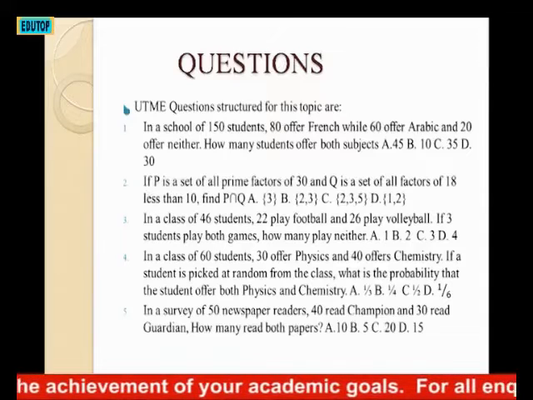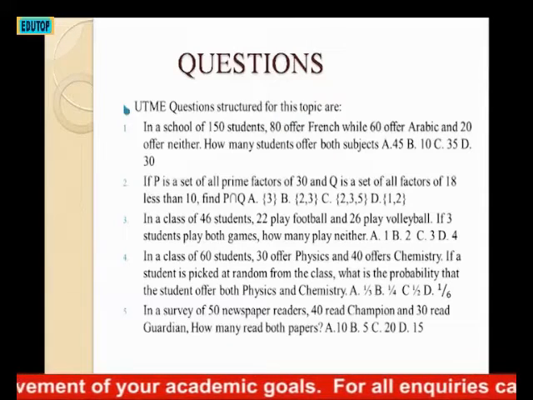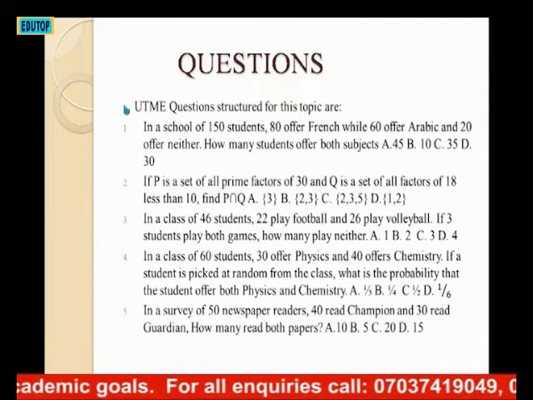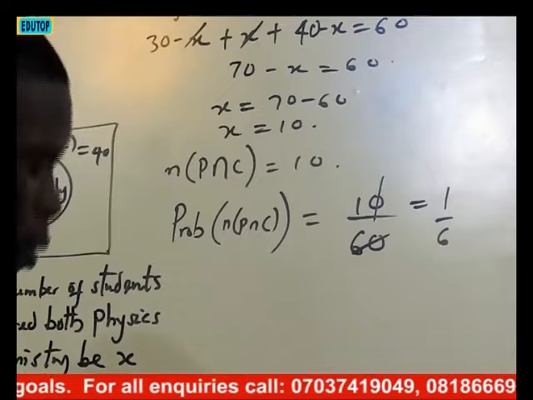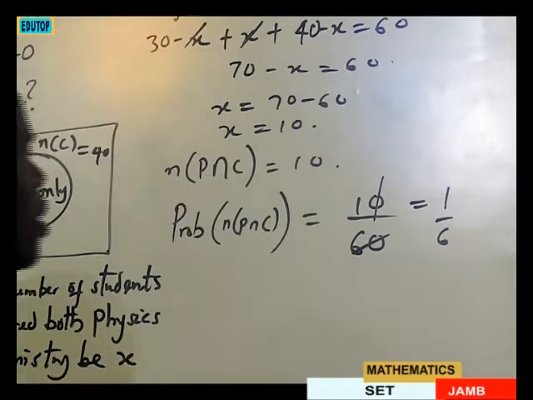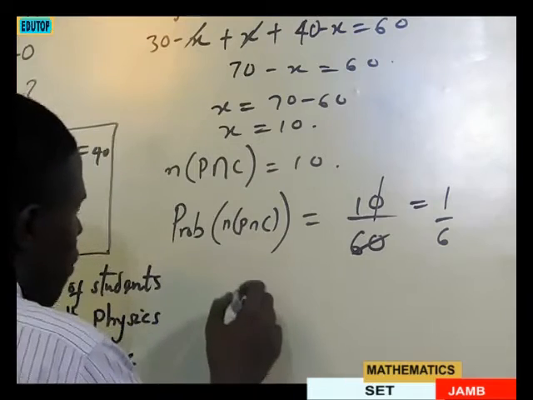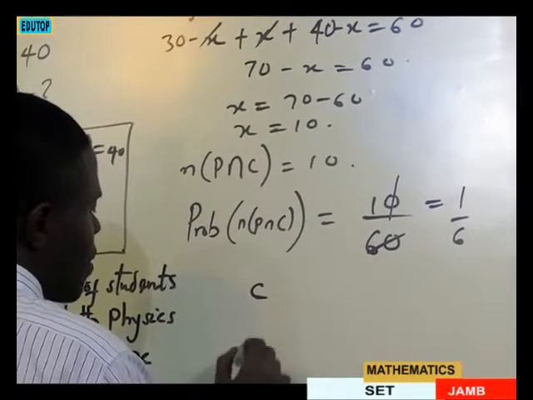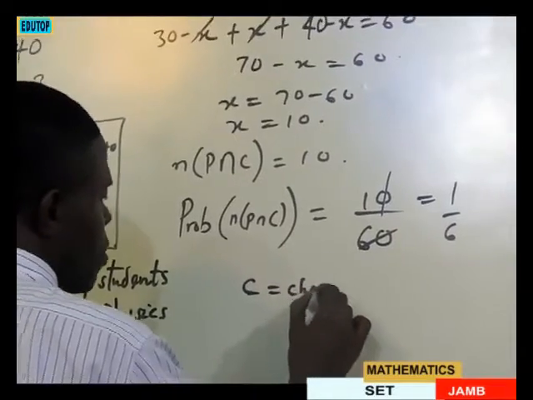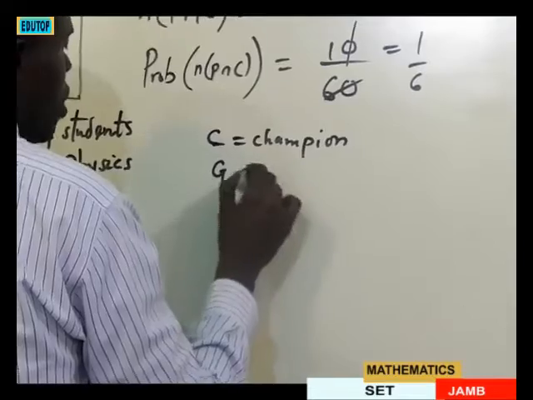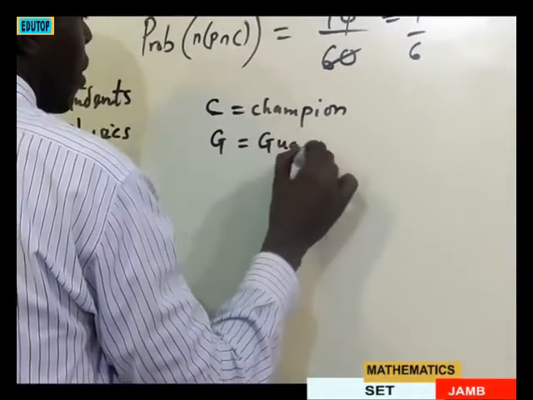The next question says, in a survey of 50 newspaper readers, 40 read Champion and 30 read Guardian, how many read both papers? So in this situation, we are talking about Champion and Guardian. Let Champion be denoted by C and let G denote Guardian.